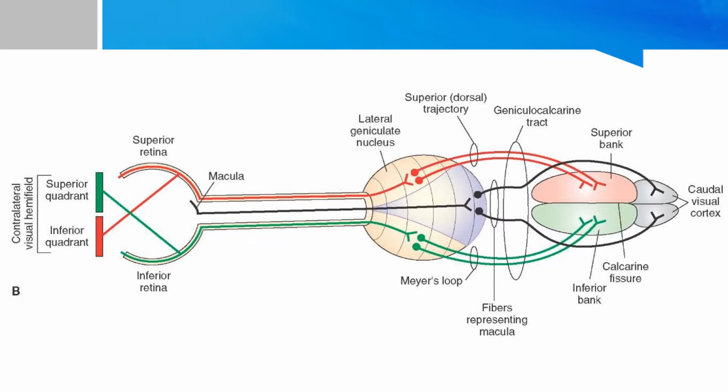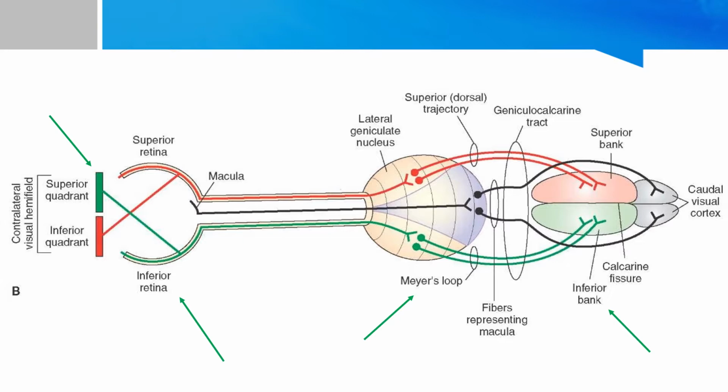And notice how the light from the superior quadrants stays on the bottom of the visual pathways, and therefore the lower part of the calcarine fissure sees the superior visual field, and this is basically the basis of the pie in the sky deficit.